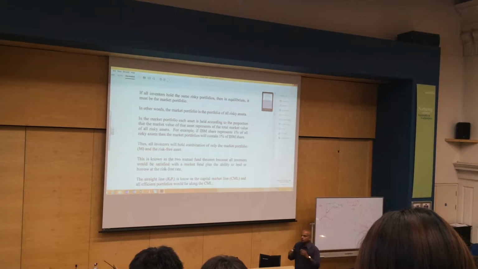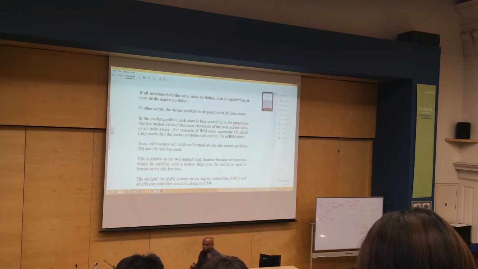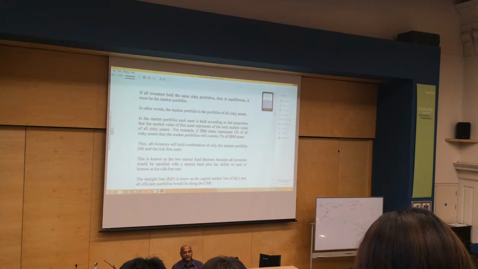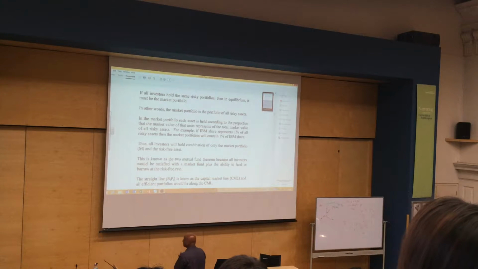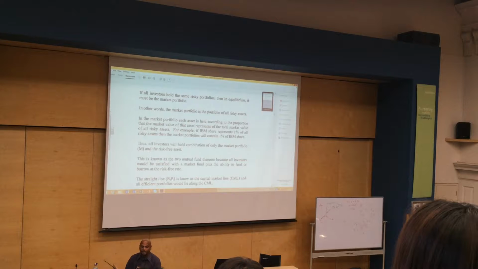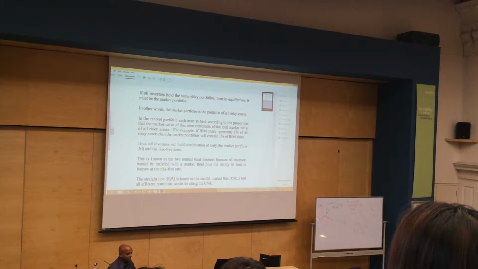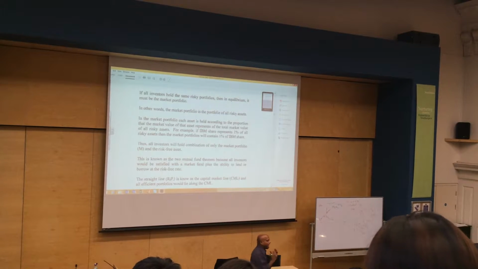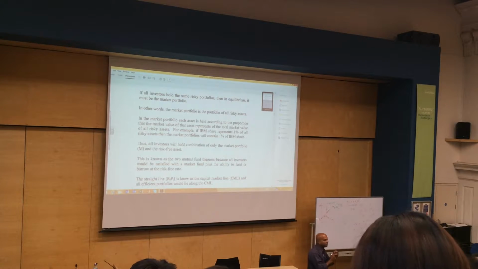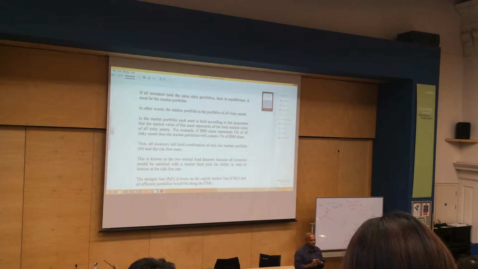Now, because it's a two-fund investment, there are only two funds you can invest in, the risk-free asset and the market portfolio. So this theorem initially was known as the two mutual fund theorem. That's what they called it. They never called it CAPM. CAPM was given later on. Their paper actually calls this the two mutual fund theorem because all investors are happy by investing in the market portfolio and the risk-free asset.